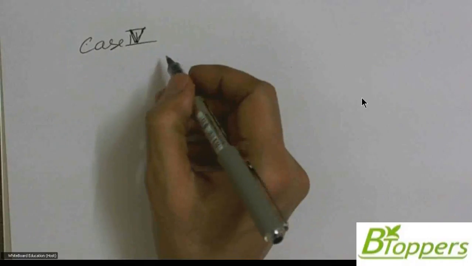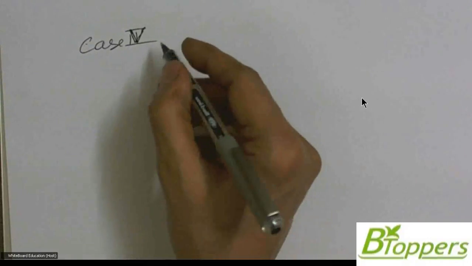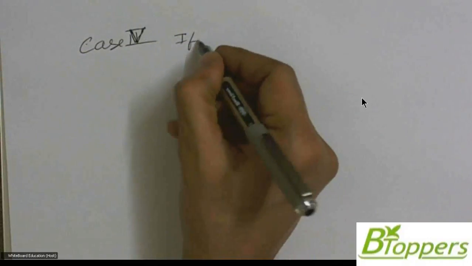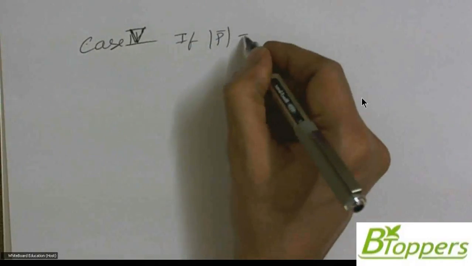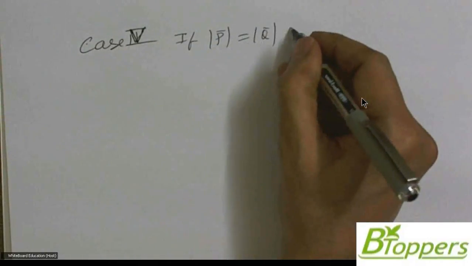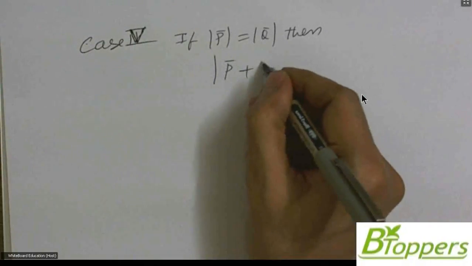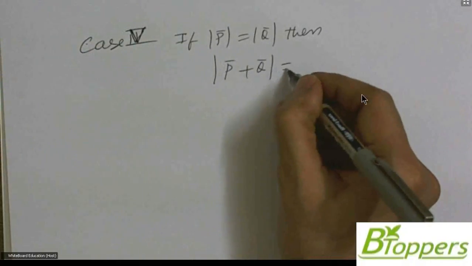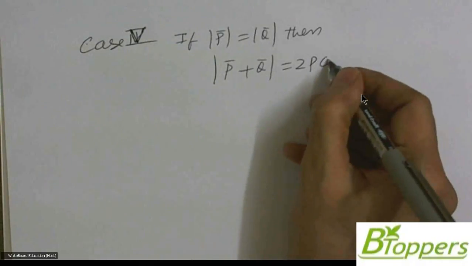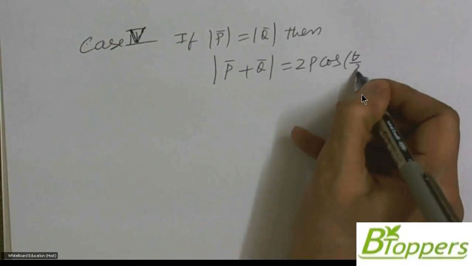As we have seen in the previous case, if the two vectors p bar and q bar have same magnitude, then the magnitude of the resultant of p bar and q bar is equal to 2p cos theta by 2.